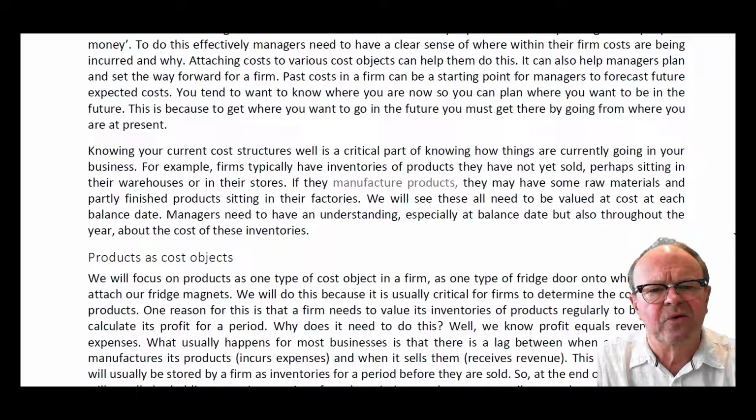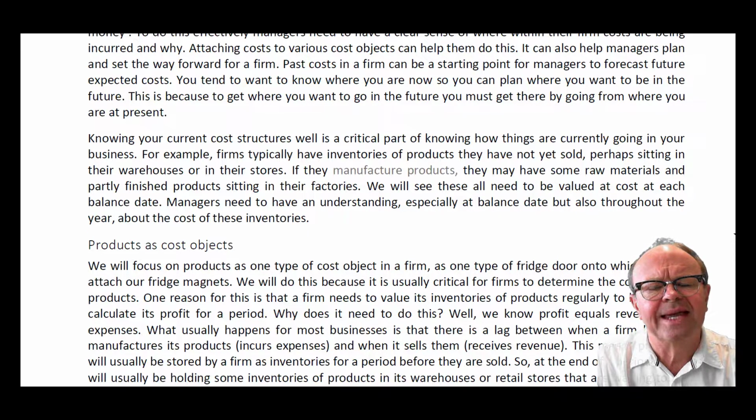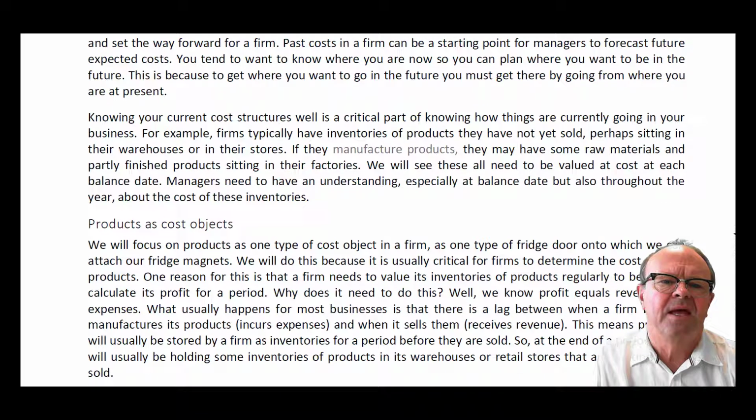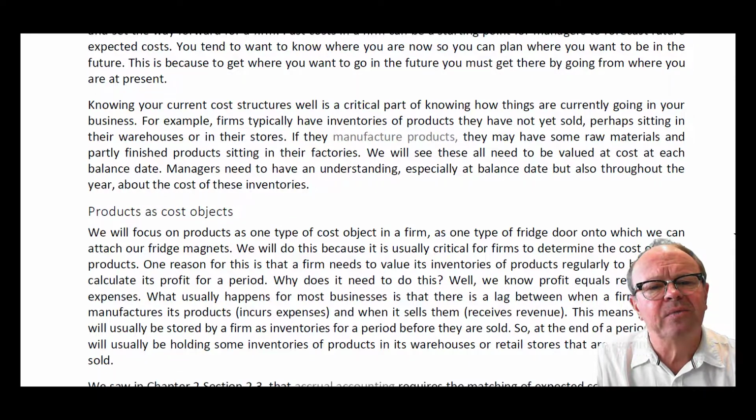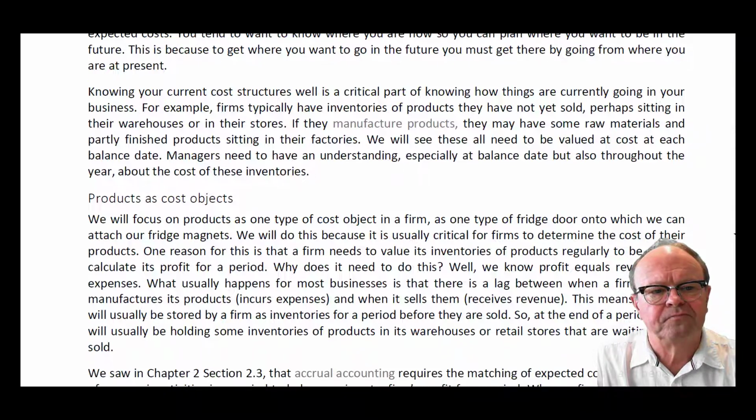Past costs in a firm can be a starting point for managers to forecast future expected costs. You tend to want to know where you are now so you can plan where you want to be in the future. This is because to get where you want to go in the future, you must get there by going from where you are at present.